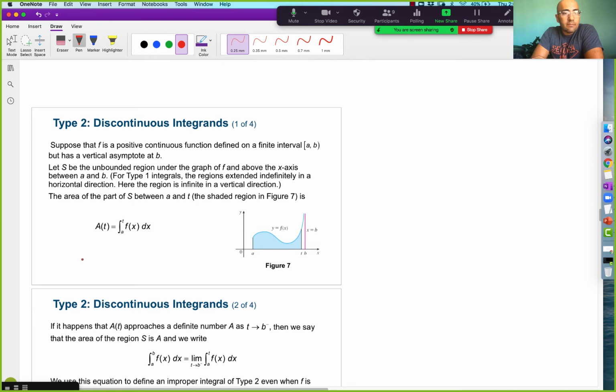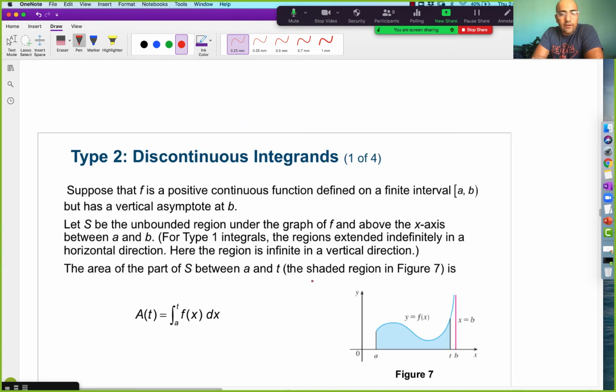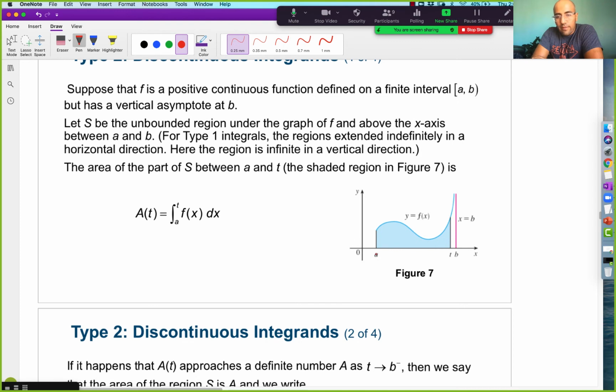So let S be the unbounded region under the graph of f and above the x-axis between a and b. So we want to find this whole area from a to b, including the fact that the function gets infinitely close to that vertical asymptote, right? It shoots off to infinity. So we want to find the entire area of the whole thing.